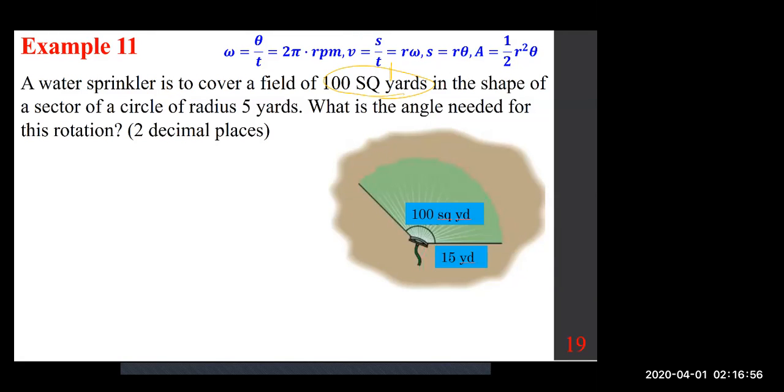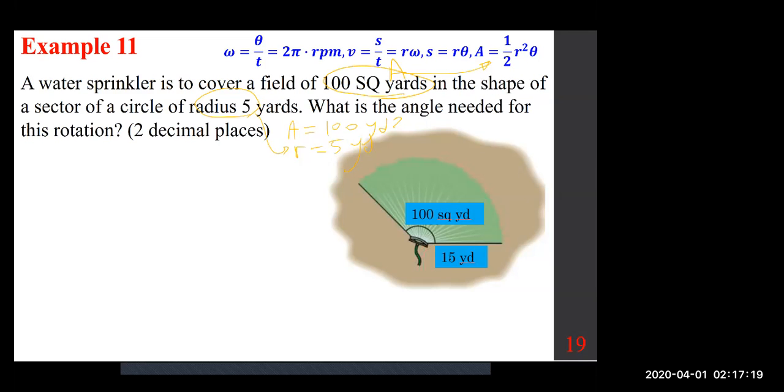So this is the area of a sector, and that's the formula. So we need the radius. We have A equals 100 yards squared with the radius of 5 yards.